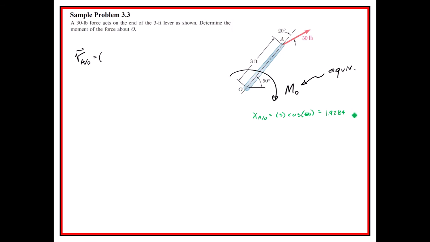That's way too many. And these are feet. And then y, A with respect to O, is going to be 3 times the sine of 50, and that too is going to be positive, right? Because it could go up. So that's 2.298 feet. Right, so this position is 1.928 I plus 2.298 J, and these are feet.